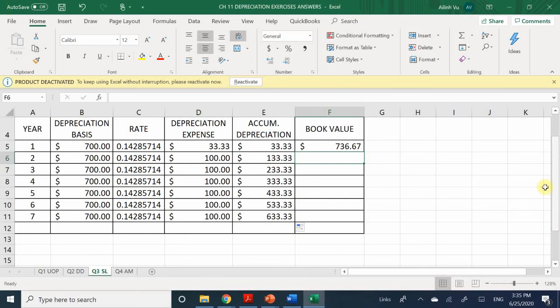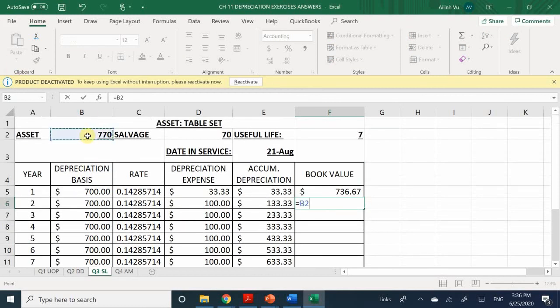So what's the book value for the second year? 700 minus 133.33. Okay, it's 566.67. Wait, what? That's not right.